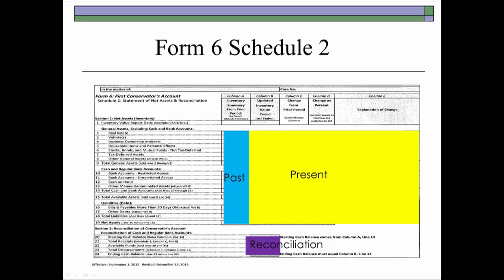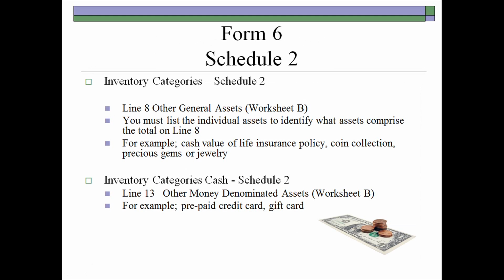Section 2 is seen down below, and this is for cash reconciliation. This is where the total receipts and the total disbursements integrate from Schedule 1 to balance for the cash of the conservatorship. The inventory categories on Schedule 2, most of the line items are very specific, where it says real property, vehicles, personal property.